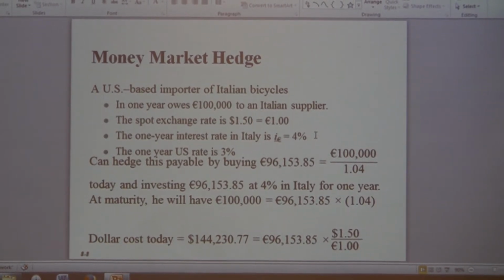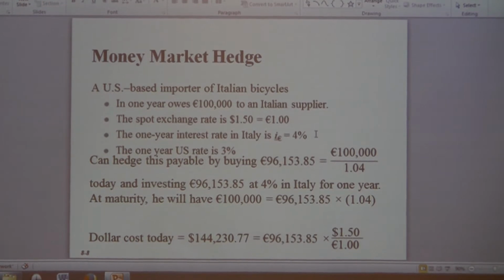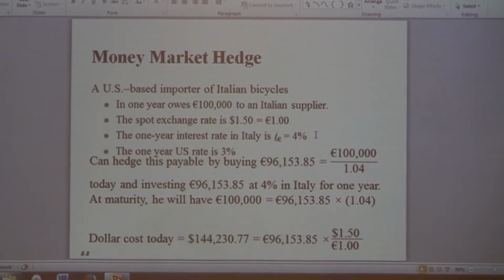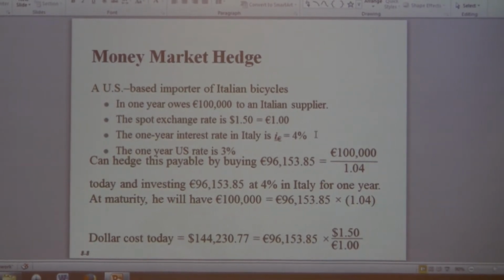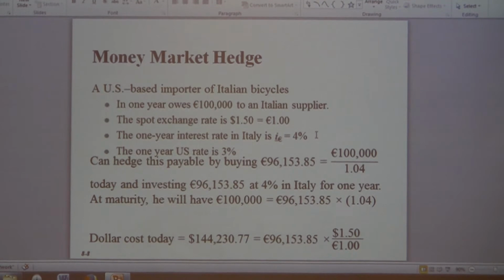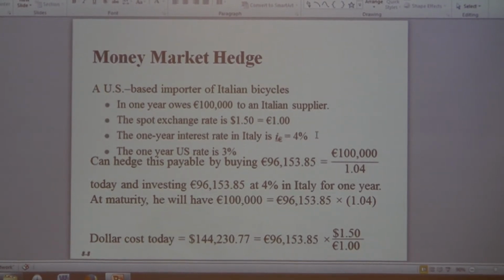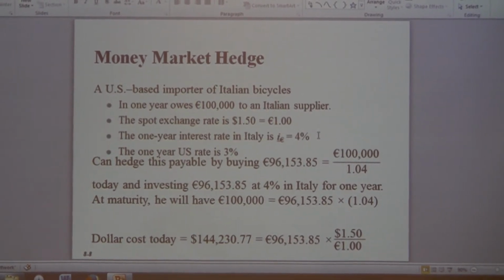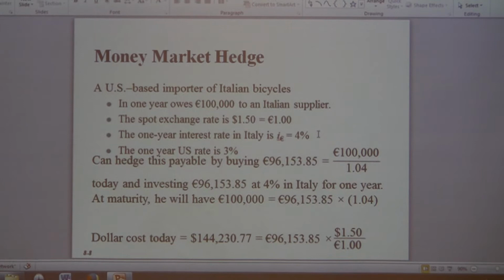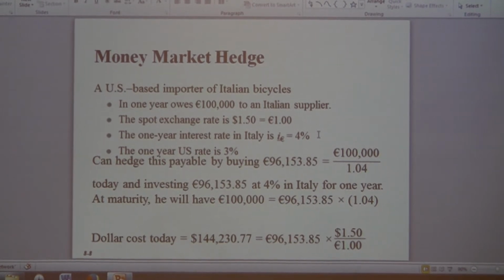So step 2, what we are saying is that we are buying the euros at today's exchange rate. And today's exchange rate is 1.5. So that's what we have here. So in this case, that would be $96,153.85 multiplied by 1.5, and that gives us the 144,230.